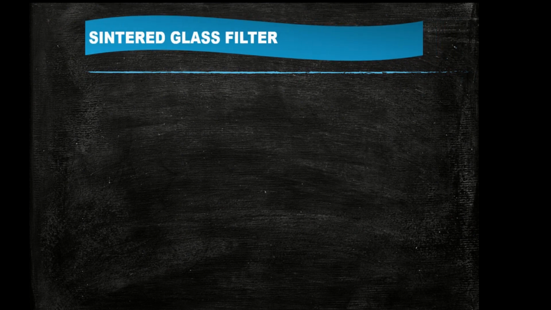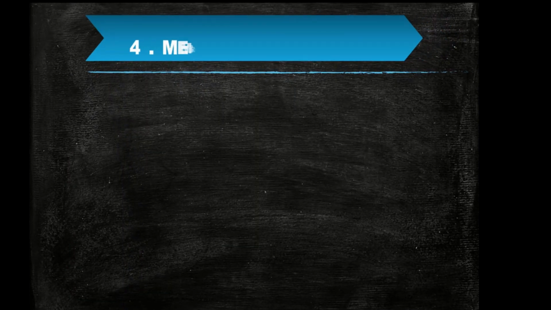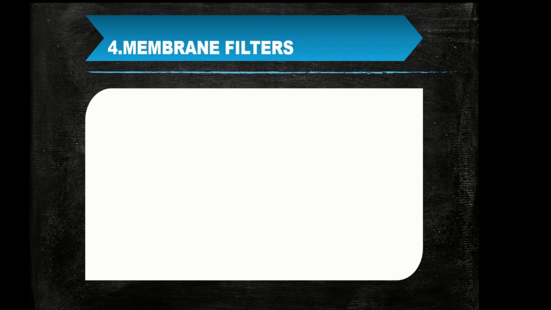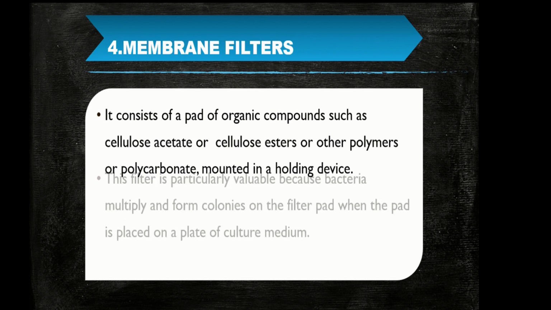Now you can see here the sintered glass filter, where inside the funnel you can see the white disc adhered inside, and that is basically the filter which is added to this funnel. Now coming to the last one, that is the membrane filter. It consists of a pad of organic compounds such as cellulose acetate or cellulose esters or other polymers or polycarbonate mounted in a holding device, what we know as the membrane filter.